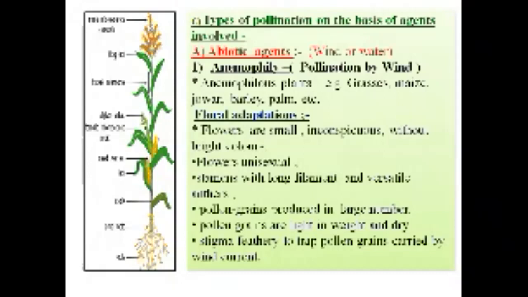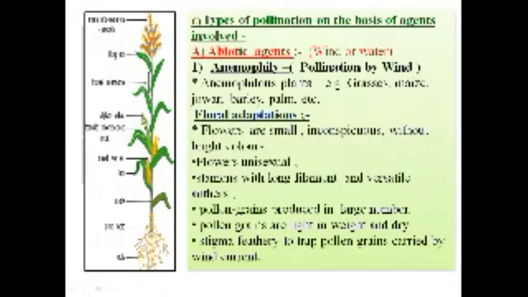Pollen grains are light in weight and dry. And another important feature is that the stigma of this flower is feathery. Feathery stigma helps to trap the pollen grains carried by the wind current. So these are the floral adaptations.